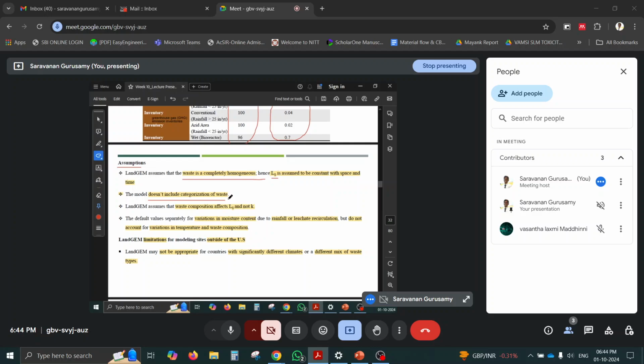Other models, like Afalzog or the SWEET model developed by US EPA, consider different fraction categories. But LandGem assumes waste as a homogeneous material. Okay. Then variation in moisture content, rainfall, and leachate recirculation were not taken into account. That is the limitation of LandGem.